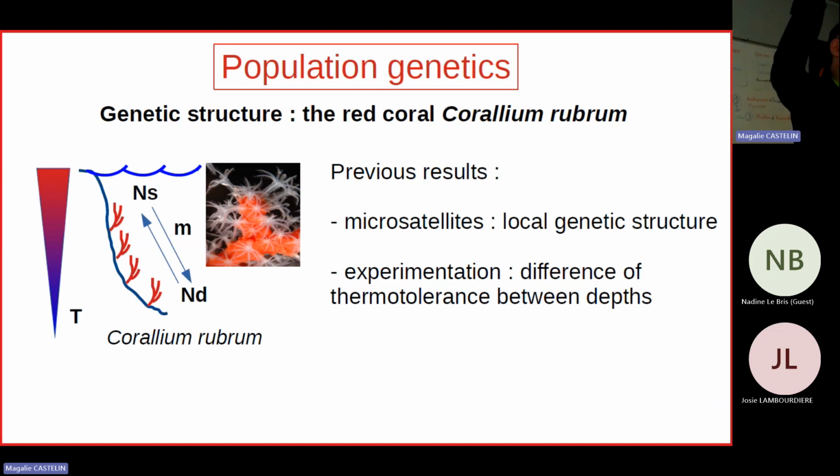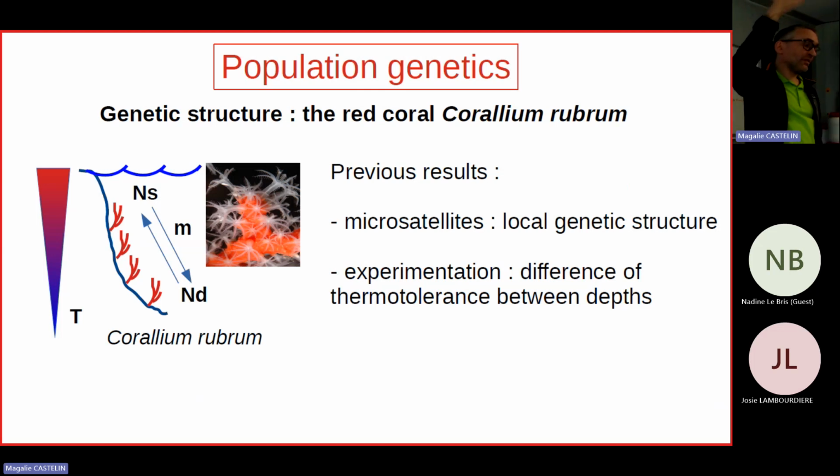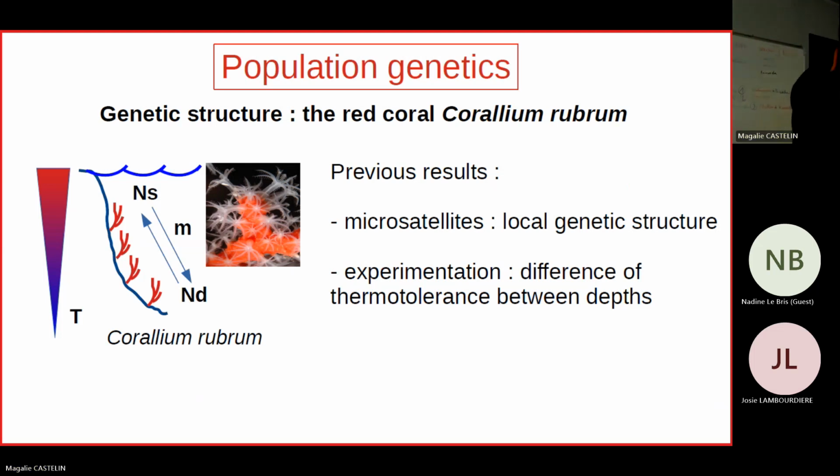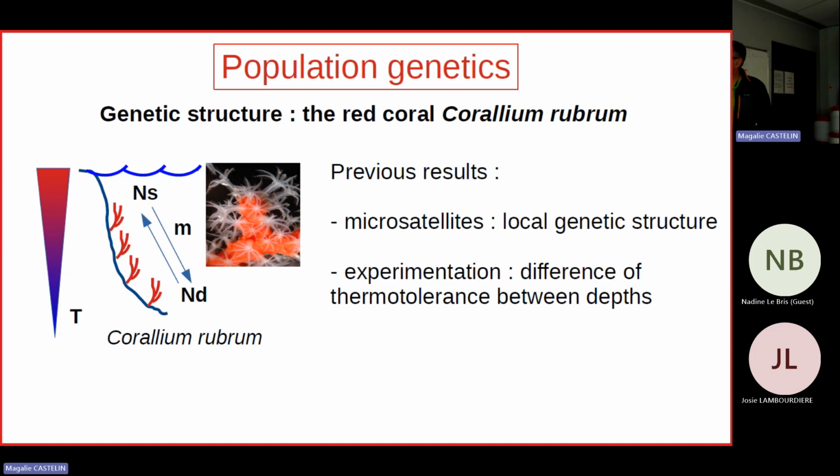If you take some red coral at 20 meters and other red corals at 40 meters, the microsatellites suggested that these populations are genetically different.